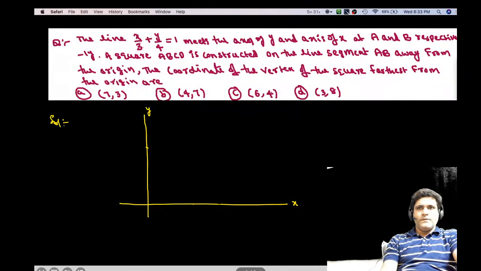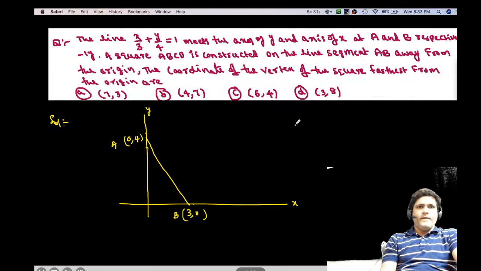X-intercept is 3, therefore 3 comma 0. Y-intercept is 0 comma 4. So the line intersects the y-axis at A, therefore this is A, and the x-axis at B, respectively. A square ABCD is constructed.